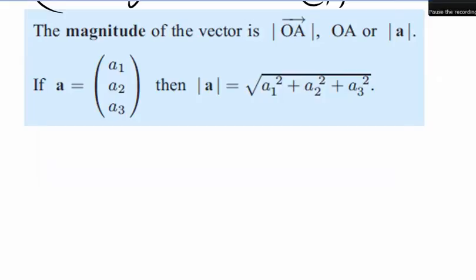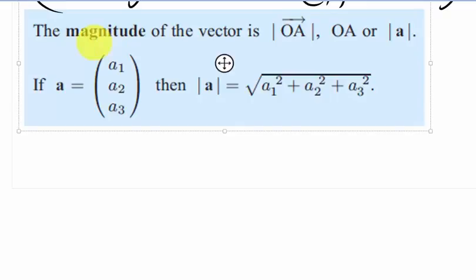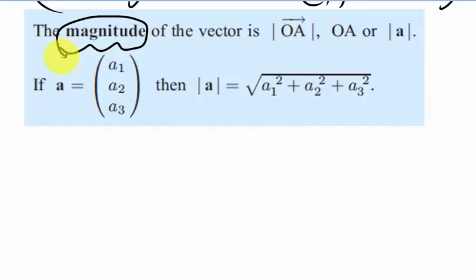Well, now that I've actually found the vector, and remember that's our x, y, and z direction, what about the length of it? That is our magnitude. So we actually use our distance formula.